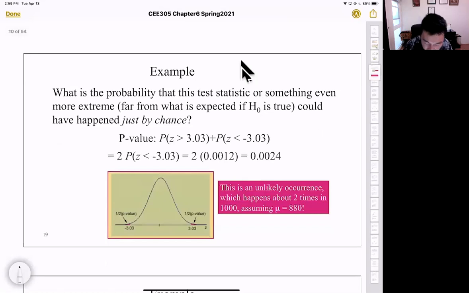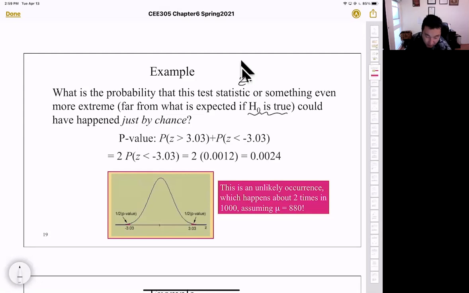So what is the probability that this test statistic, the Z-value, or something even more extreme, even farther from what is expected if H0 is true, could have happened just by chance? That is the p-value, the probability assuming H0 is true.